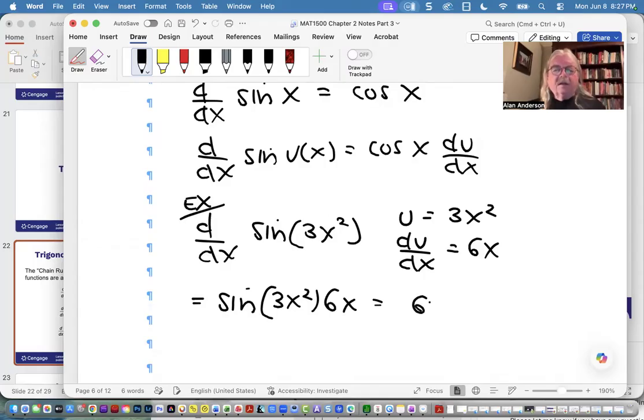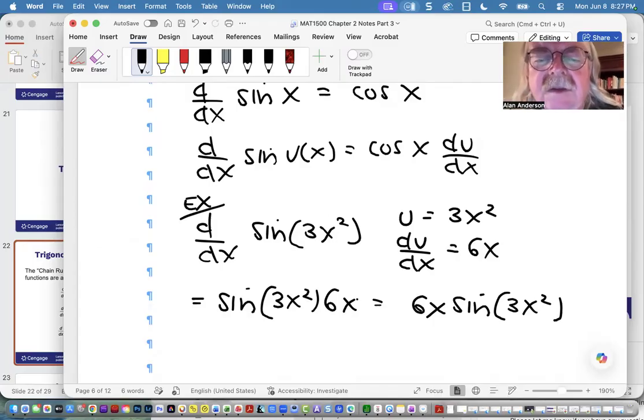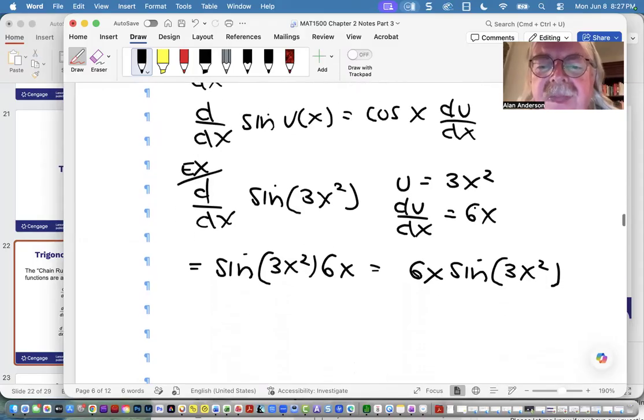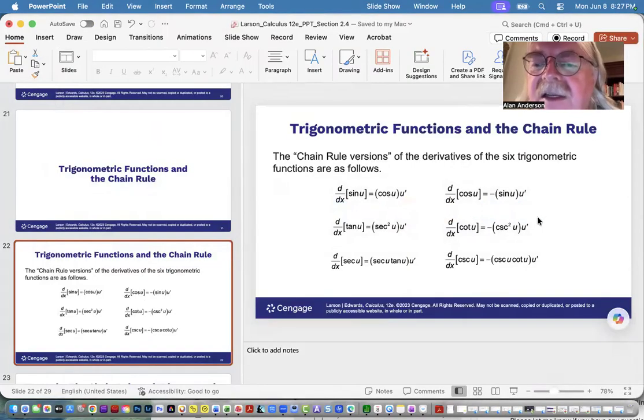And if you want, you could write it like this. So that's what separates this from what we previously did with trig derivatives. In those cases, we were restricted to just x. Here it's a function of x. So you need to take into account that derivative du dx when you're done with the calculations. Other than that, the rules are exactly the same.